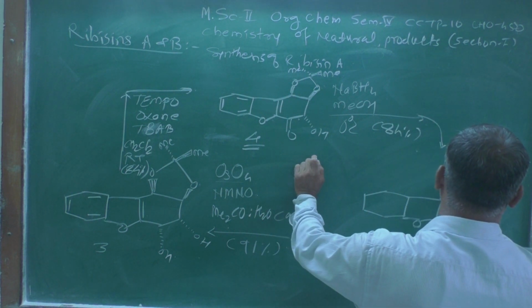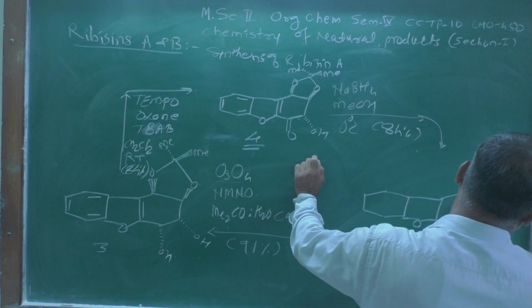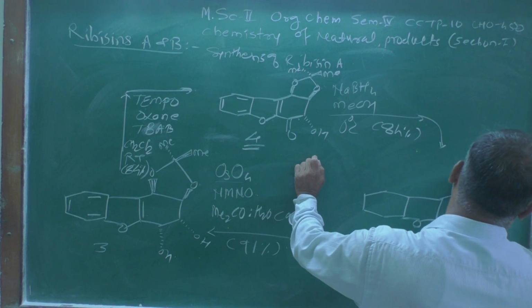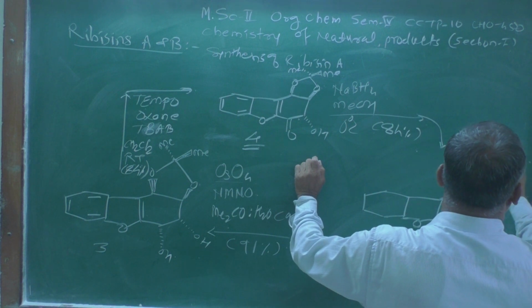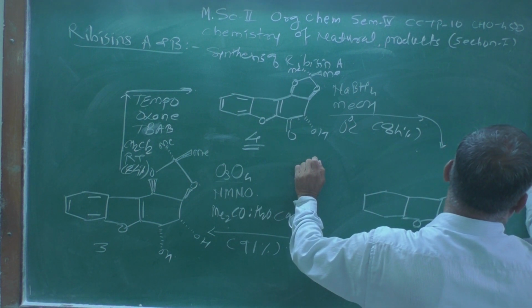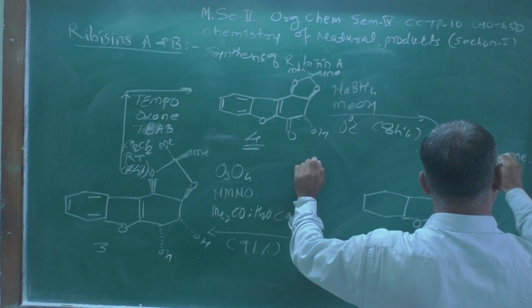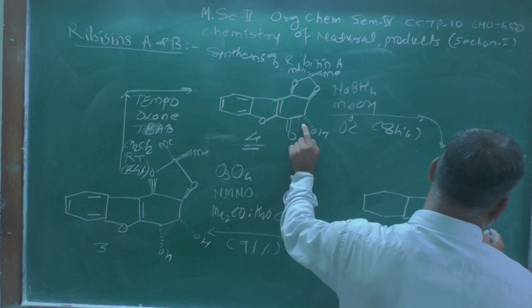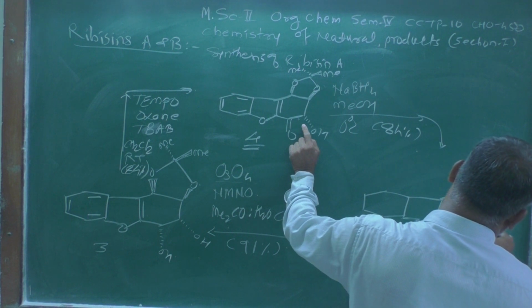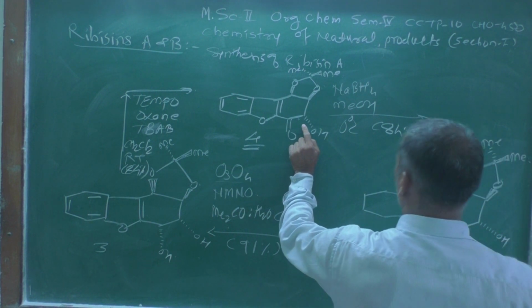The other part of the compound we can show as it is. Here the oxygen atom remains as it is, but one of the methyl groups goes above the plane and one of the methyl groups should be below the plane. This hydroxy group remains as it is, below the plane.